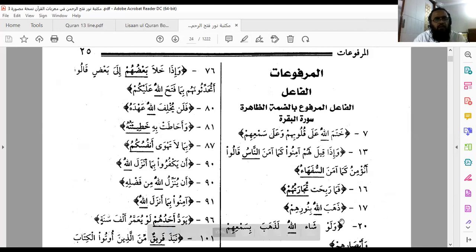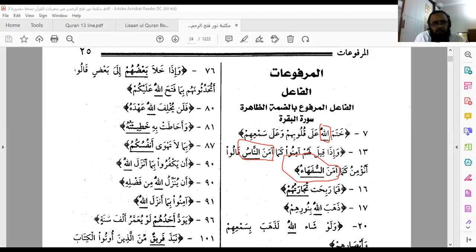Over here, khatamallahu, the word Allah has a zamma. Now the second one, amana annasu. After amana, annasu ends in a zamma, and after khatamallahu, the word Allah ends in zamma. Now the third example, amana sufaha. You can see at the end of sufaha, a dhamma.